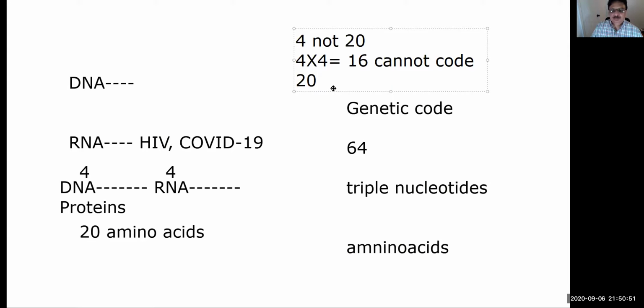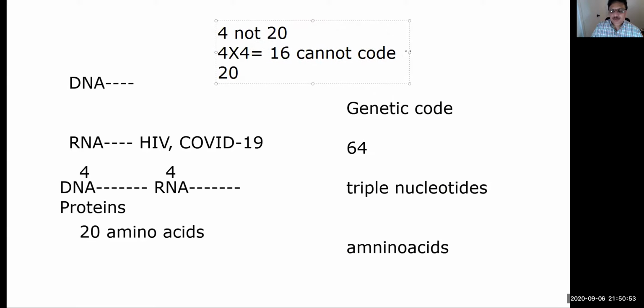Based upon his experiments, he proved that 4 times 4 times 4 equals 64. He proposed that a permutation and combination of 3 nucleotides forms a triple nucleotide on mRNA, and that serves as the genetic code.